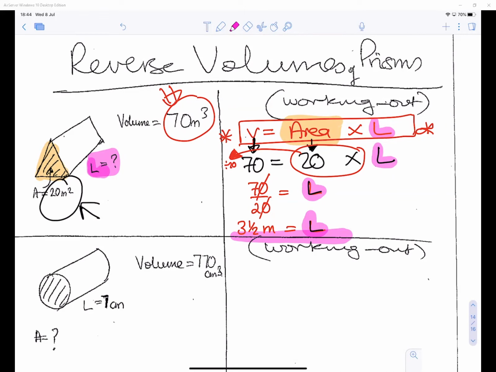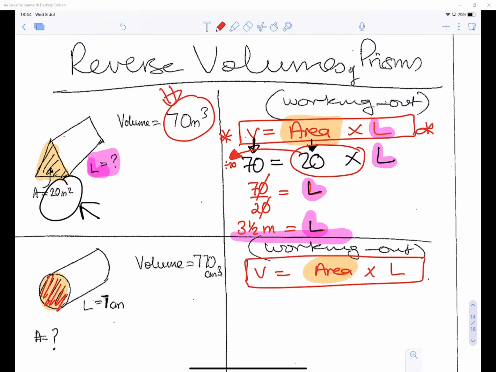So for the next question, you have to write the formula: volume equals area times by length. Okay, give me a second. So area of the face at the front. Okay, this is the area we're talking about. Always start with the formula.